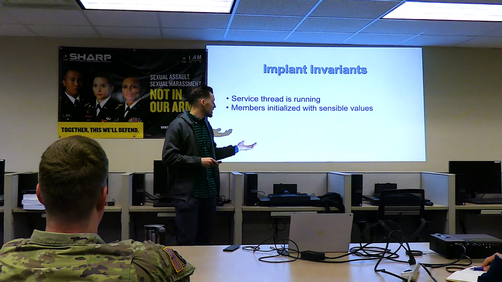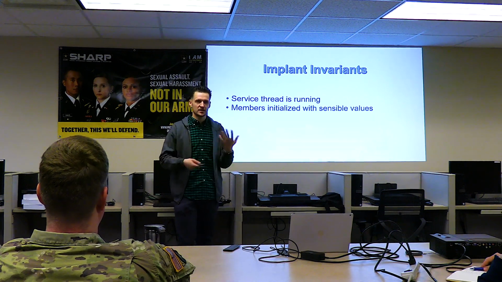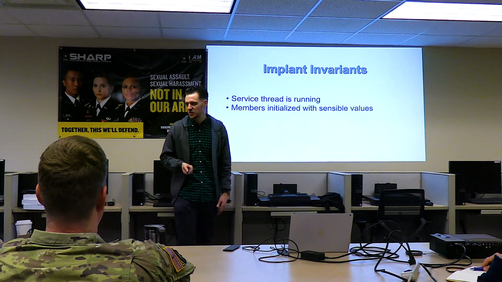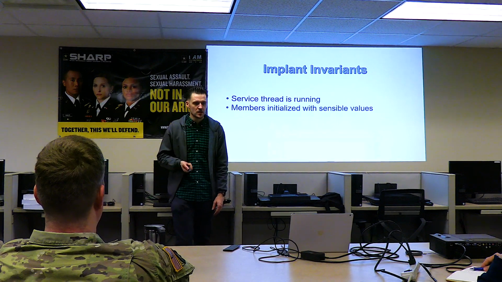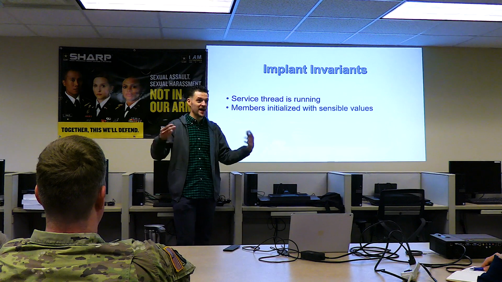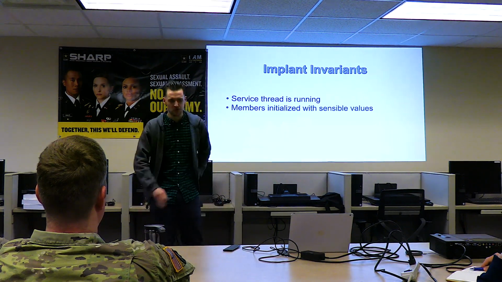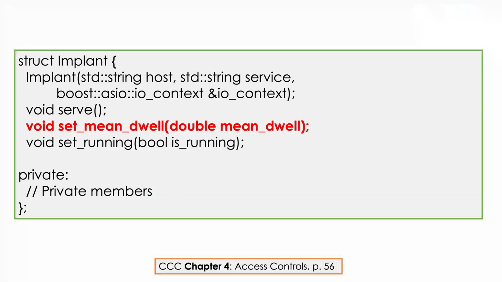A second one is that the members are initialized with sensible values, so things like the dwell time is non-zero. Maybe that's something that we want to enforce. That when you construct the object, the flag for whether the implant should be running or not is true, things like that. So constructors are great for that.